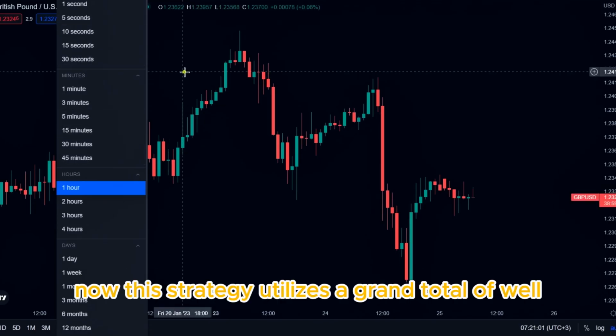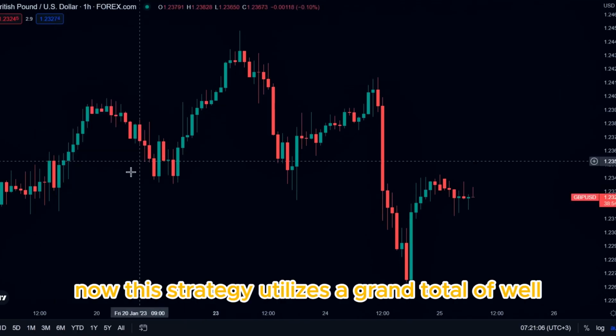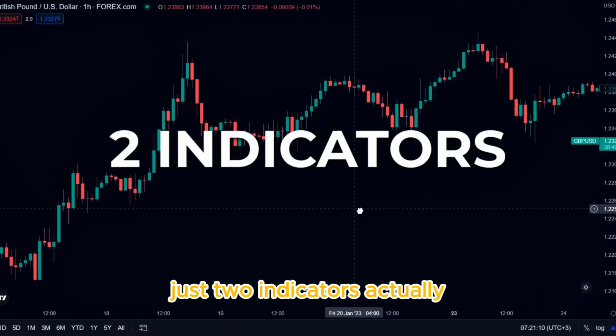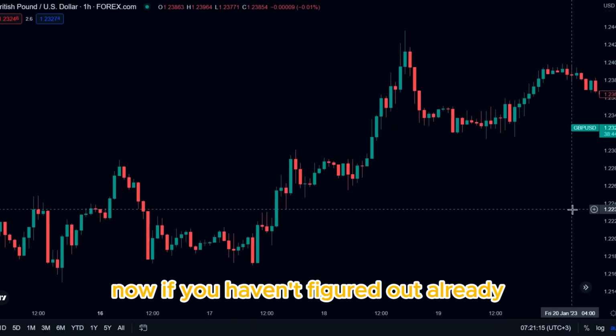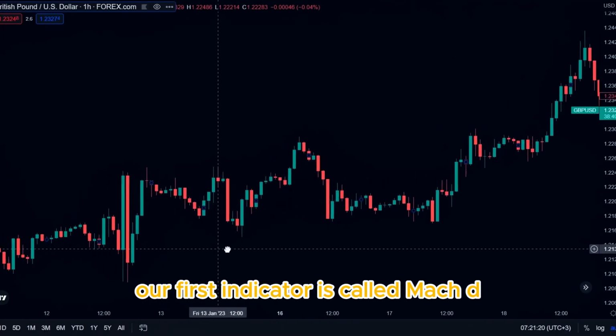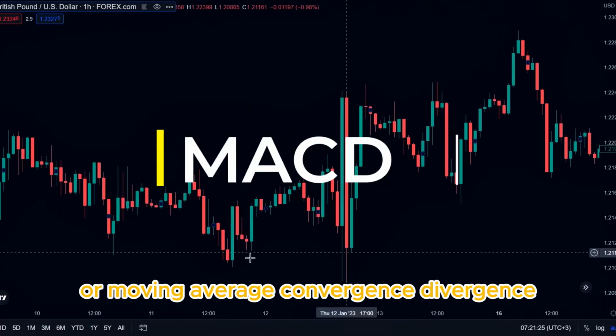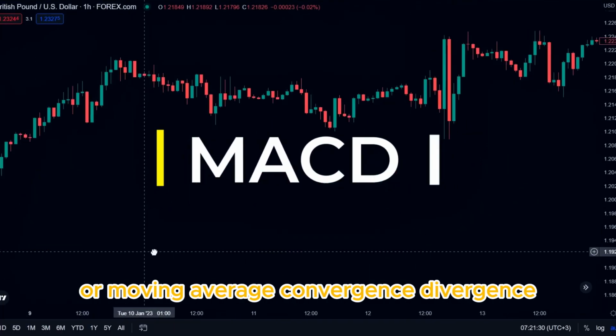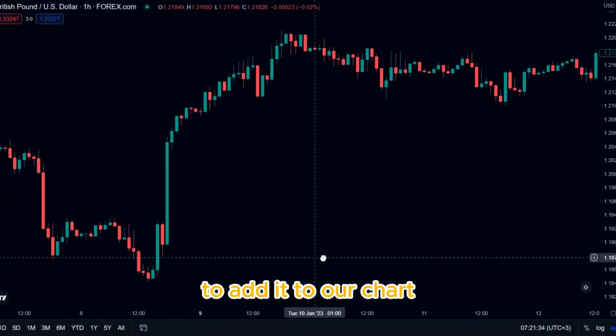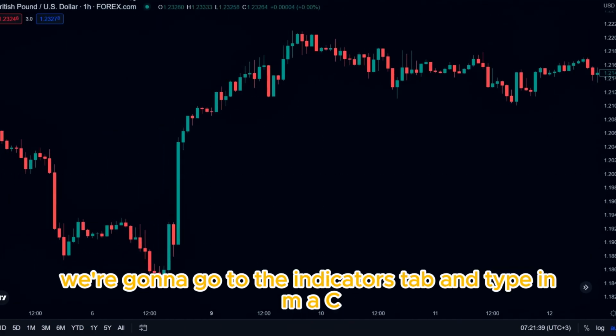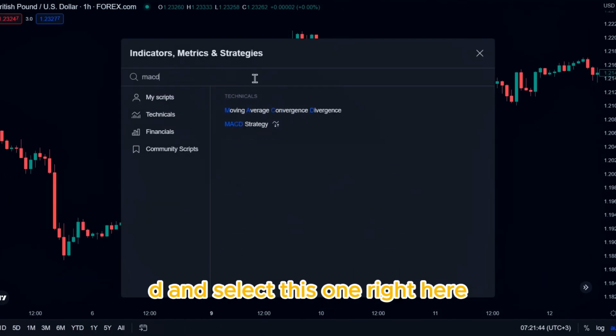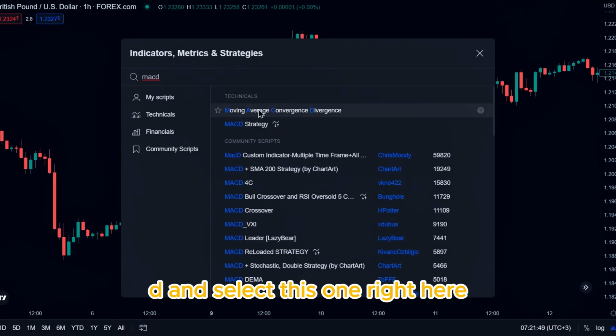Now, this strategy utilizes a grand total of just 2 indicators. Our first indicator is called MACD, or Moving Average Convergence Divergence. To add it to our chart, we're going to go to the Indicators tab, type in MACD, and select this one right here.